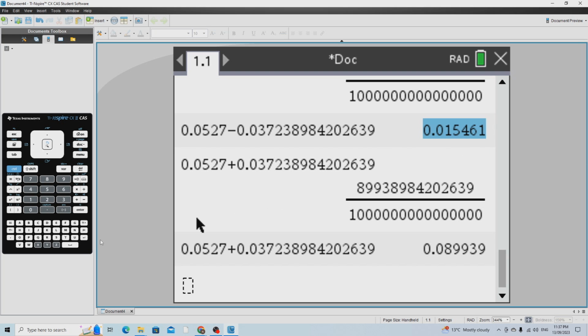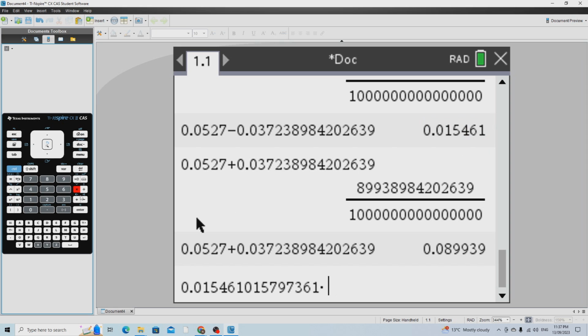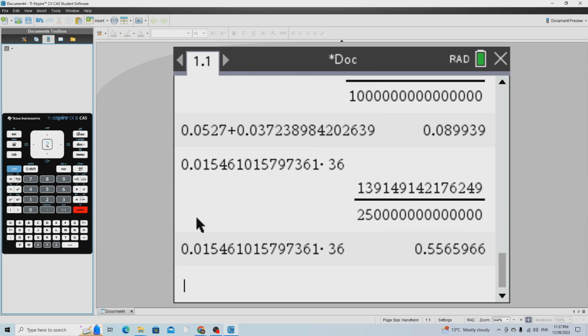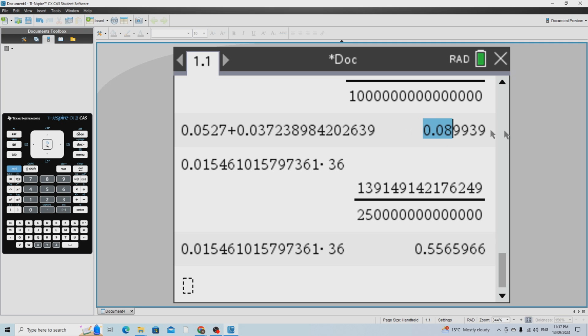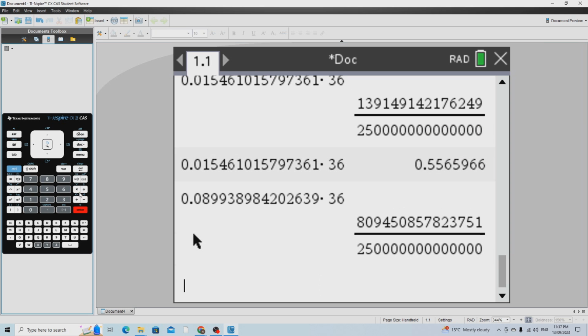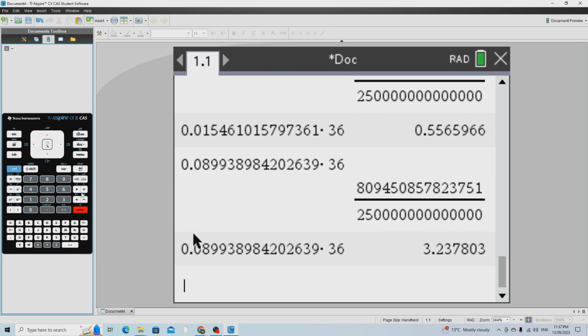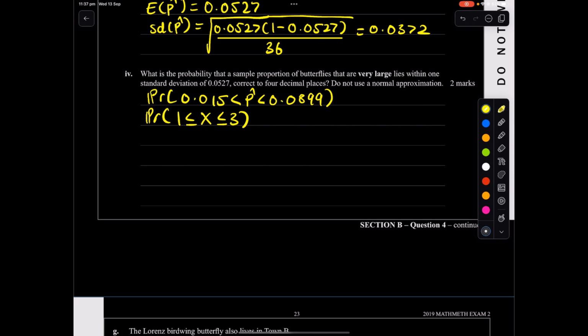Multiply it by 36, because we're still dealing with 36 of them. So this one over here will be 0.55, which is just 1, must be less than x, must be less than, what's 0.08 times 36? And that will be 3. Okay, so that's easier to deal with.